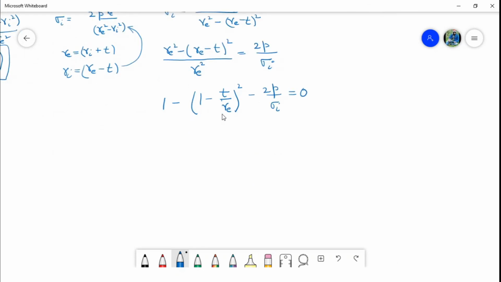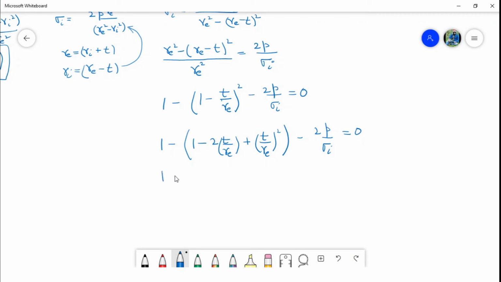Okay. And for the simplification, we can write it as 1 minus (1 minus 2t over Re plus (t over Re) whole square) minus 2P over sigma I equals 0.